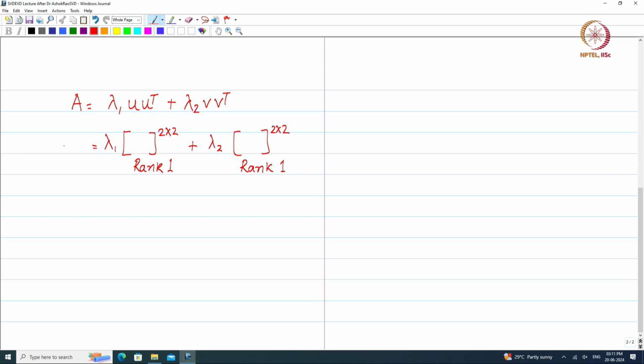And what was this equal to? This was equal to the matrix A, which is another 2 by 2 matrix, but it's of rank 2.